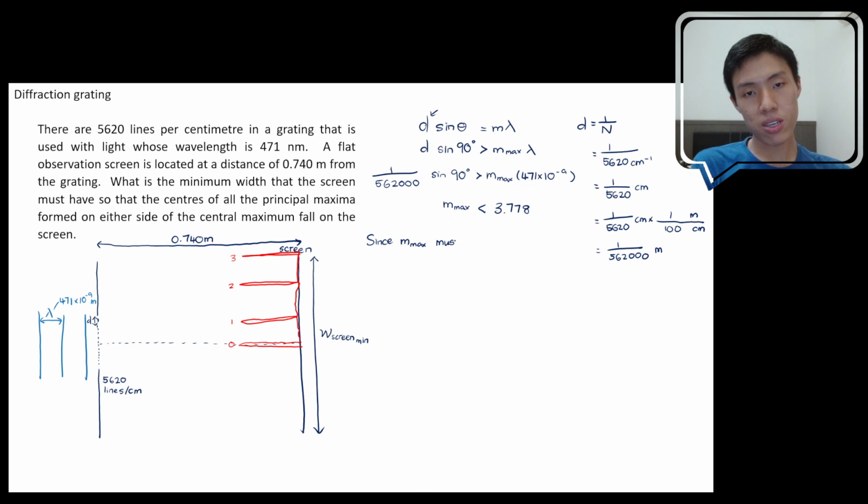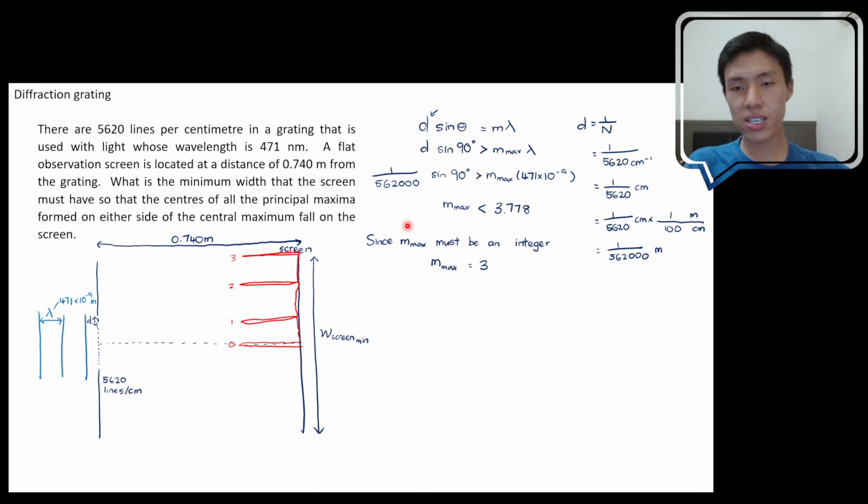Since m max must be an integer, we know that the integer that is smaller than 3.778, but the nearest to 3.778, will be 3. It can never exceed 3.778. So even though 4 is nearer, you can never take 4 because we are still less than 3.77. So the nearest integer we can put is 3. So we can say that m max is equal to 3.